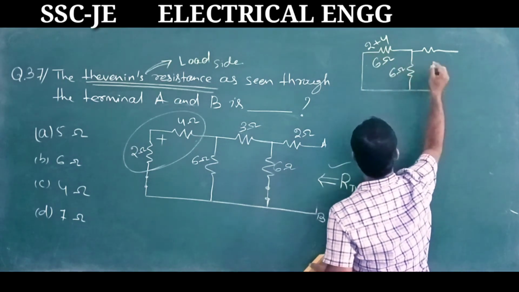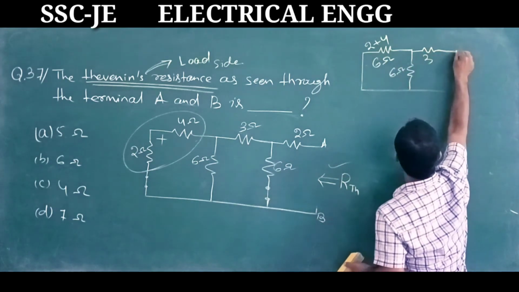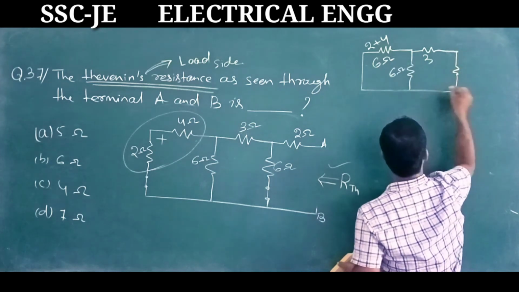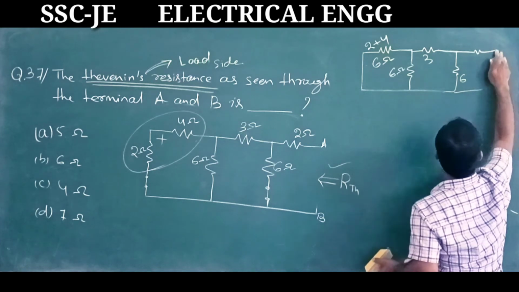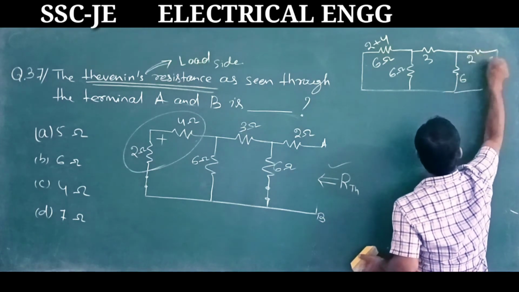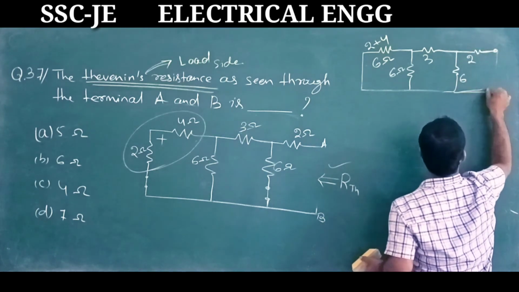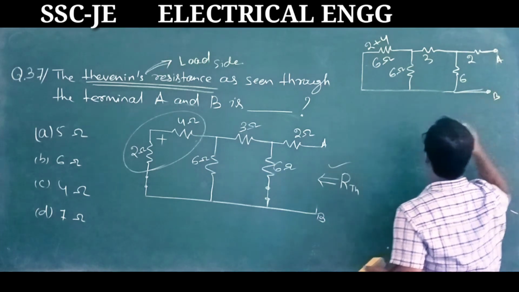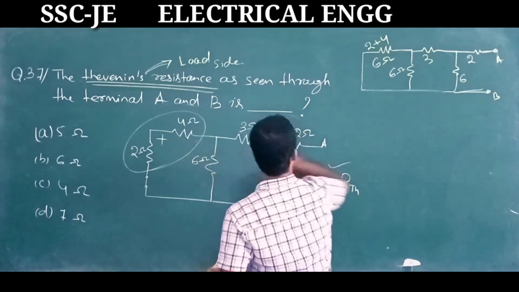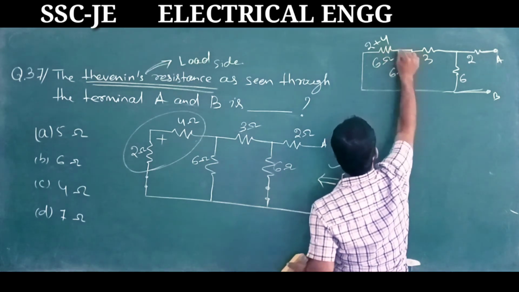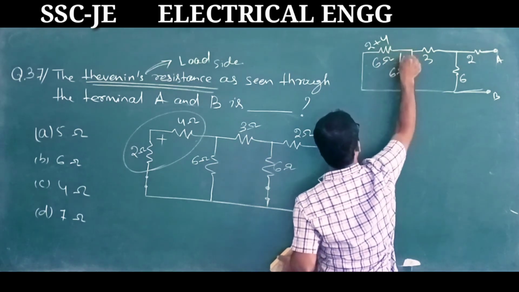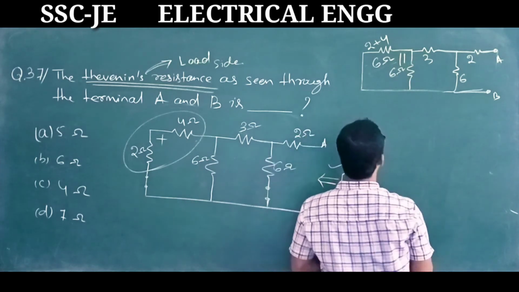Again 6 ohm is there, this is your 3 ohm, and this is again 6 ohm, and this is your 2 ohm, and this is the terminal A and B. So these are series. So this is your 6 ohm, and now the 6 ohm and 6 ohm, these two are parallel here.